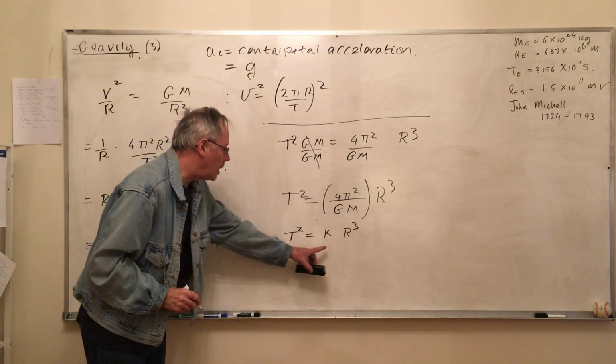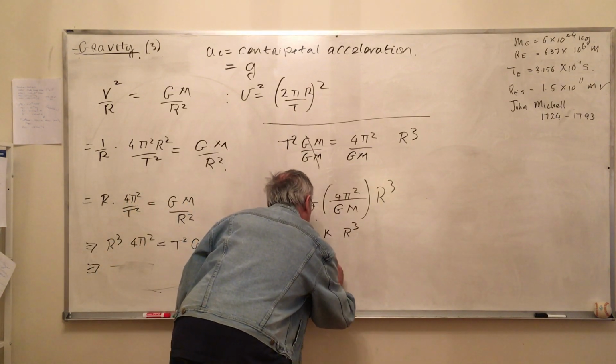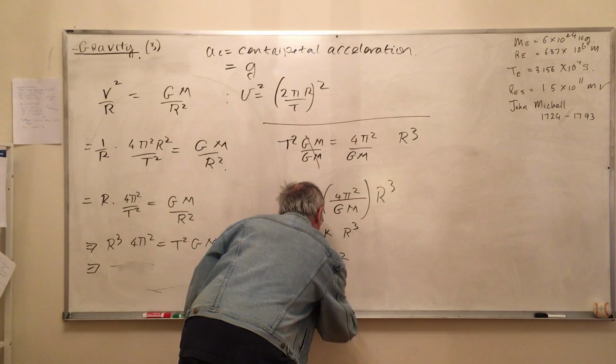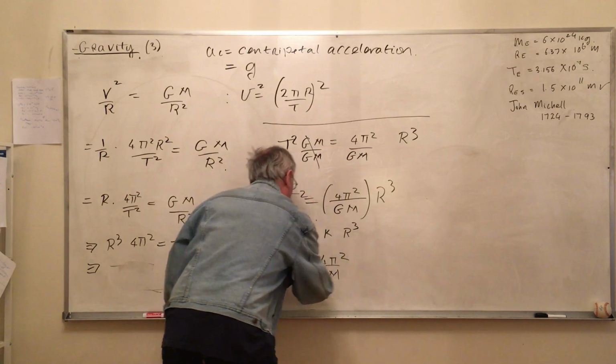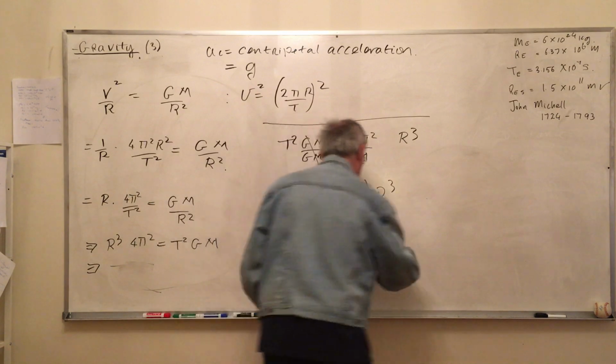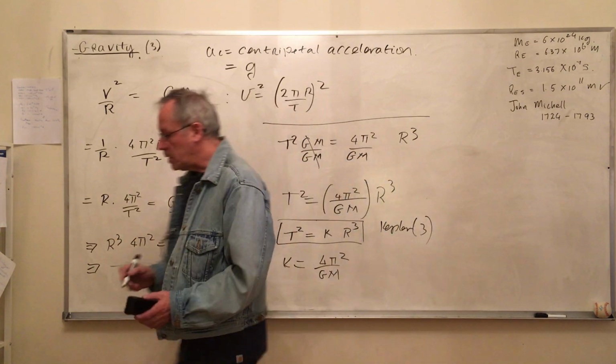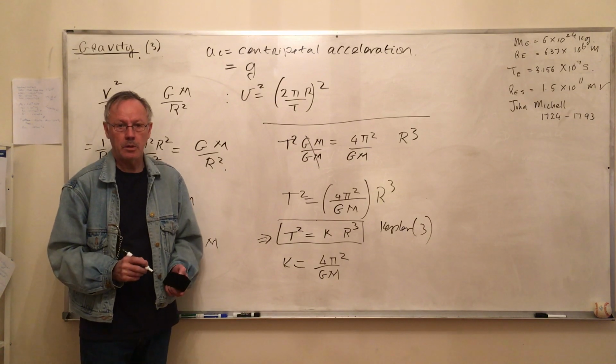So now we get T squared is k times r cubed, and k is the constant that we didn't know before. So we get Kepler's third law as a consequence of Newton's theory of gravity.